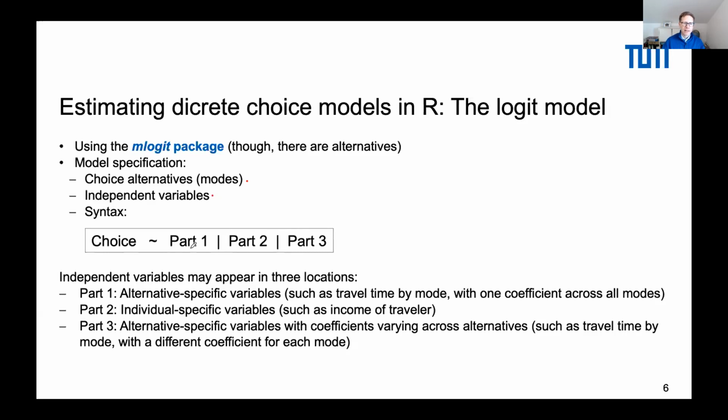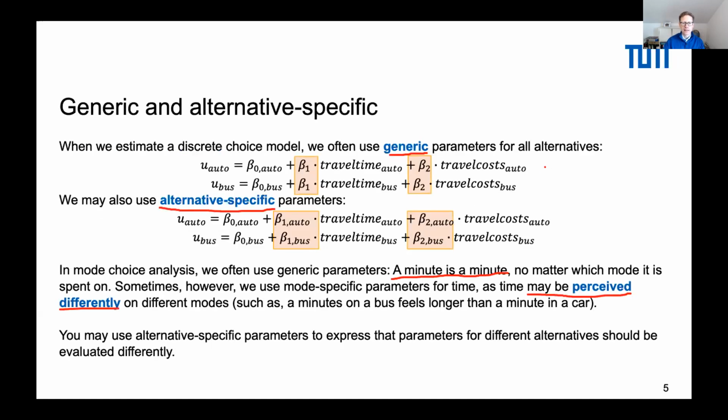If you put an independent variable in part one, then you get an alternative specific variable. You provide an alternative specific variable such as travel time, and you get one coefficient across all modes. So that is exactly this case here. If you want one coefficient that is the same across all alternatives, then you put the variables travel time and travel cost into part one.